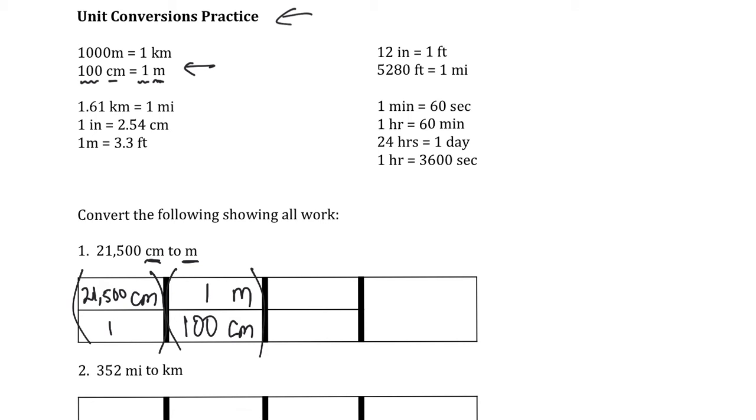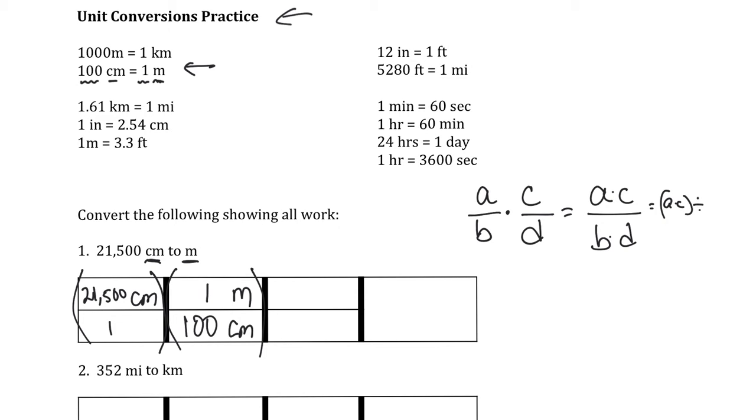multiplied together. And I'll remind you that if you multiply fractions, a over b times c over d, you multiply the top, a times c, and you multiply the bottom. And then to actually calculate that, you would do a times c divided by b times d, okay? So the strategy is that our centimeters canceled, our meters are what we have, that's what we're looking for, we're good to go.